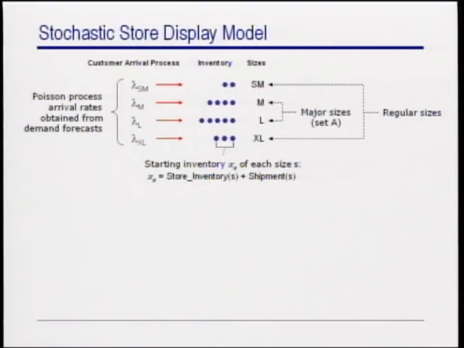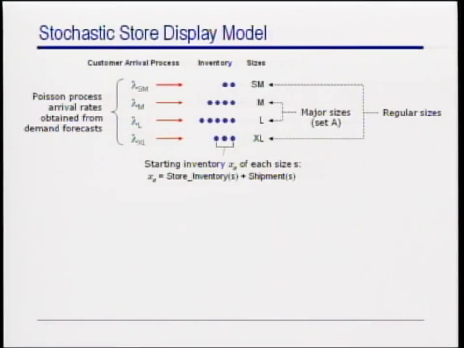For this purpose, we've developed a stochastic model taking as input the inventory of each size available in the store at the beginning of the week, assuming that the customer demand for each individual size arrives according to individual independent Poisson processes whose arrival rates are given by the available forecast.